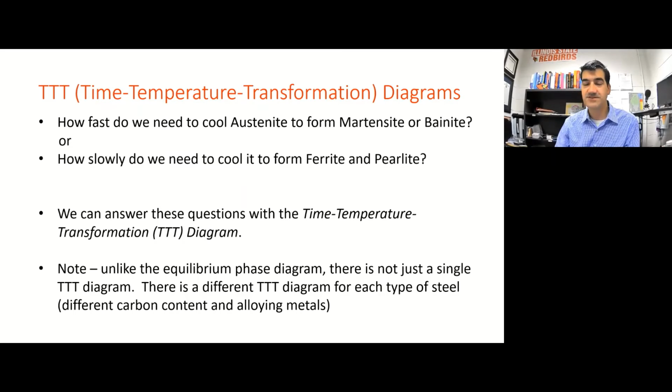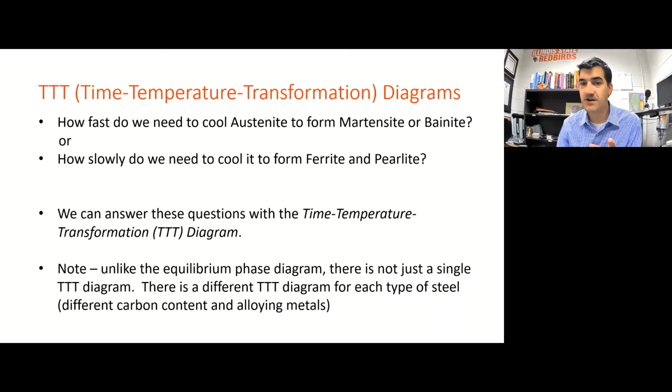So for a desired set of characteristics, we can use the triple T diagram to tell us how to achieve those characteristics. Basically you just follow the instructions on the triple T diagram, kind of like following a recipe. They tell us how fast we need to cool it down, or what we should do as we're cooling it down.